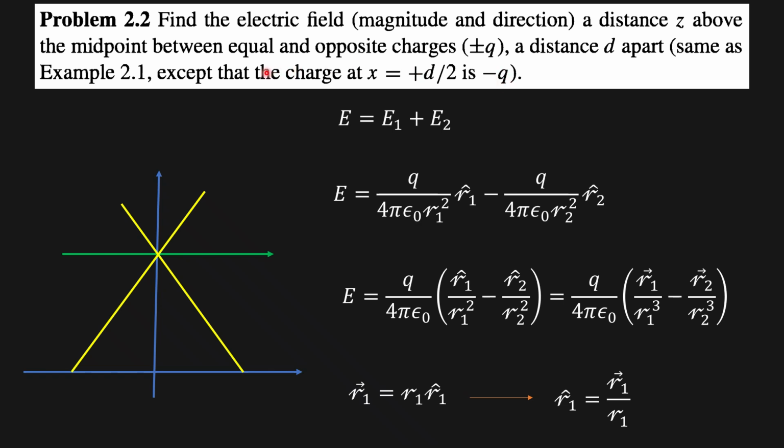In the earlier example, both charges are equal. Here the sign is different. So you take the positive x direction. This is d by 2, and the charge kept at this point is minus q. Similarly, on the other side, the negative x-axis, this distance is d by 2.